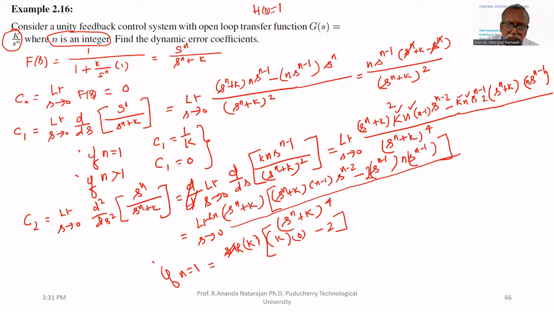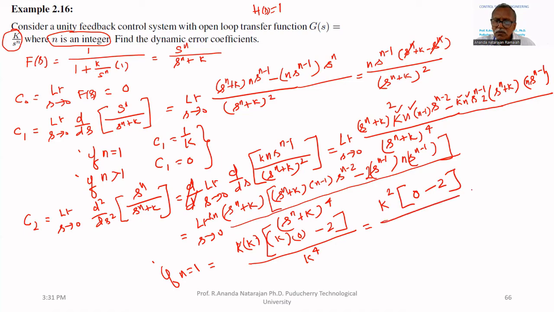K power 4 in the denominator. That is equal to 0 minus 2 divided by k power 4, that is equal to minus 2 by k square.